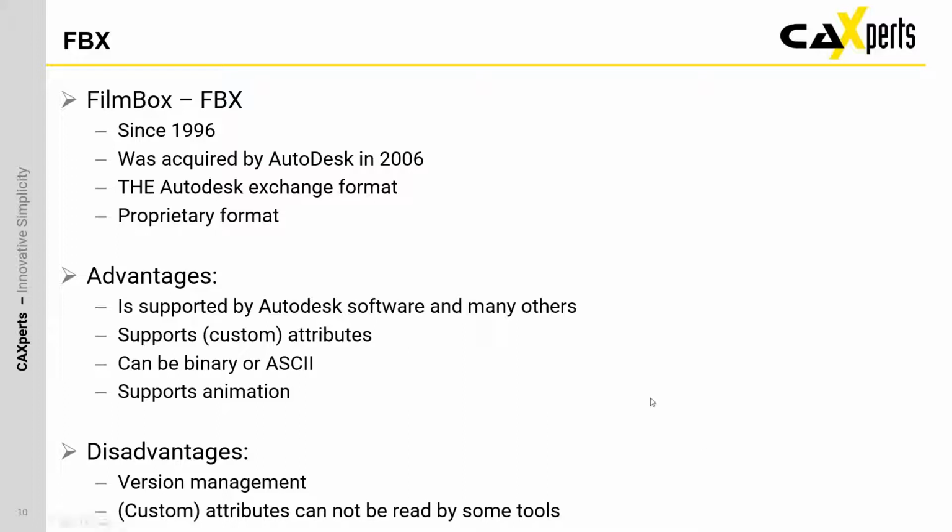The advantage of FBX is obviously that it's supported by Autodesk software and also many others. So especially virtual reality and augmented reality applications do support FBX, and this is also an advantage because FBX does support custom attributes or properties.